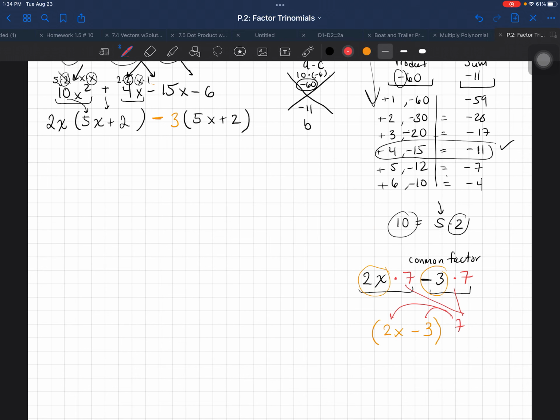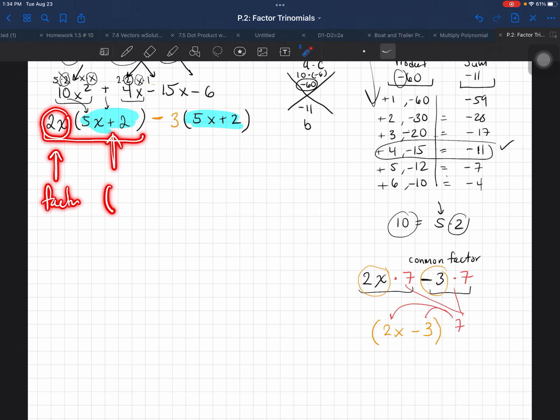If you think about it, this is what we are factoring: those two terms. This term has 2x as a factor, and then it has the other number as a factor as well. These are two factors, and this term has a negative 3 as a factor, and then it has 5x plus 2 as a factor.